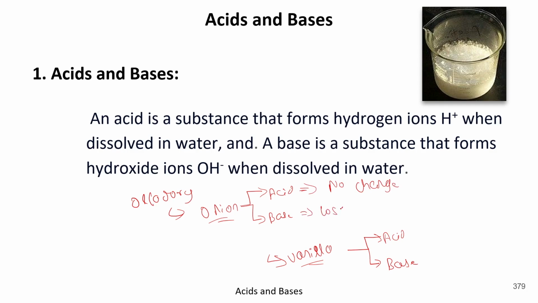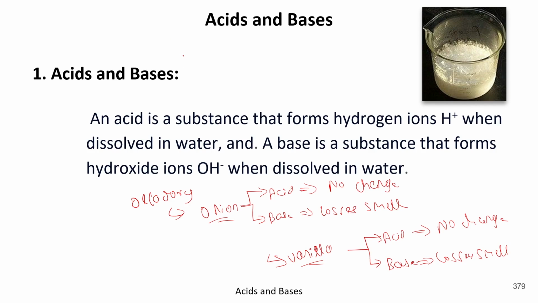For base, loses smell. Similar thing happens with the acid, no change, but for bases, loses smell. Got it? So for onion, it loses smell with the base but does not change with acid. Similarly, for vanilla, it loses the smell with the base but does not change with the acid.